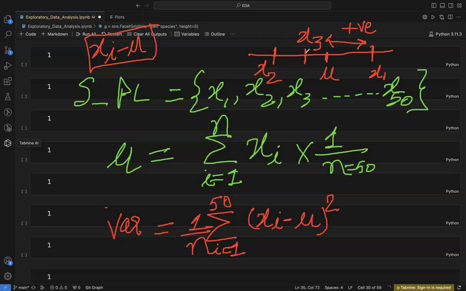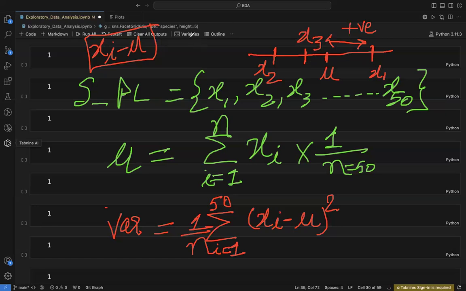And let's say I subtract mu from this x3. This value may come out to be some negative value, let's suppose -1.